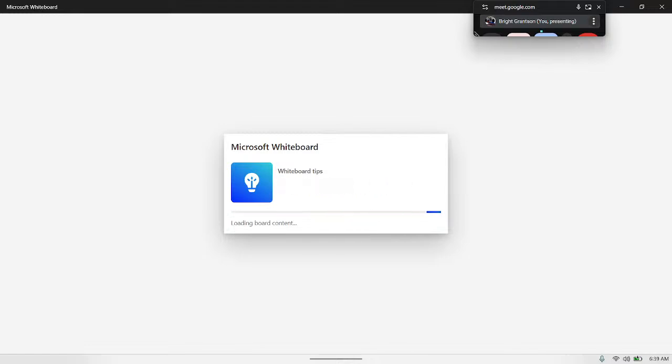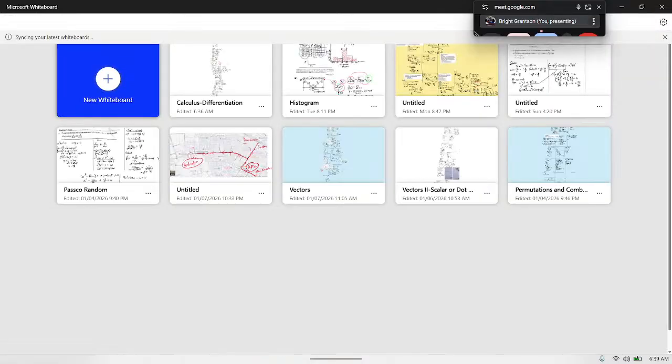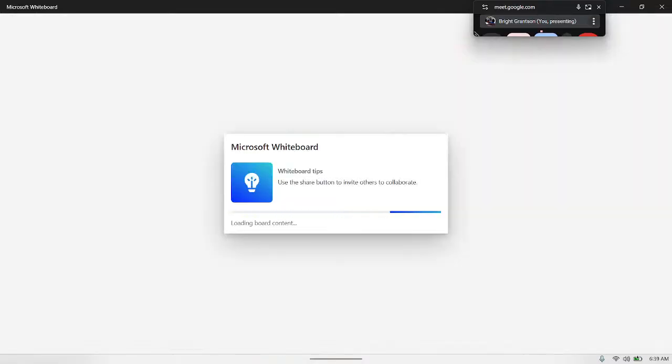If I use this thing too, it will not connect. I don't know why it's behaving like this.